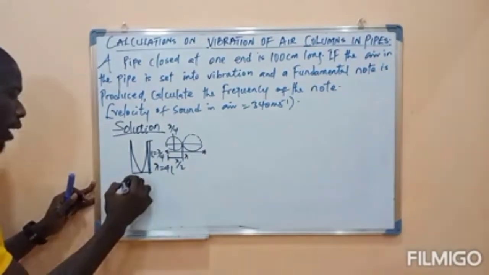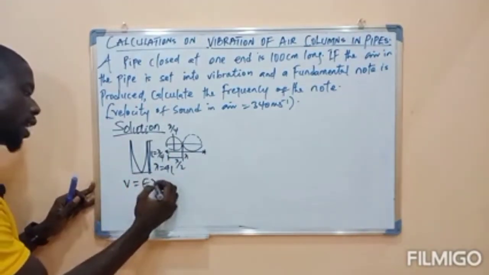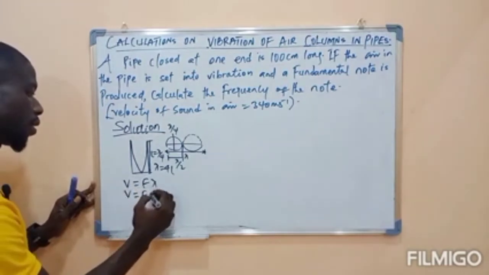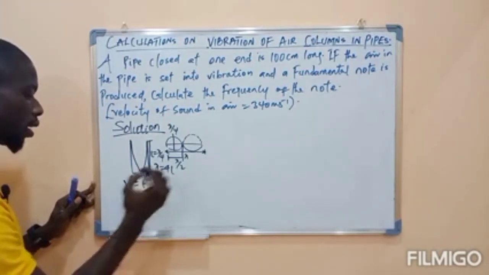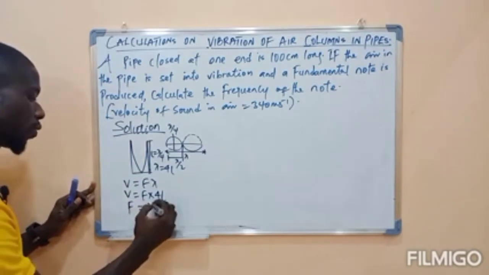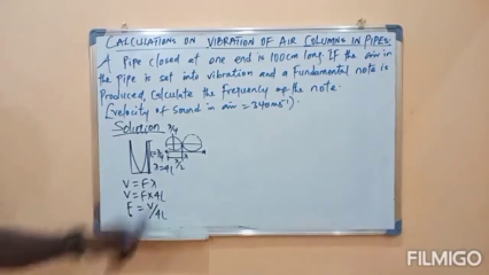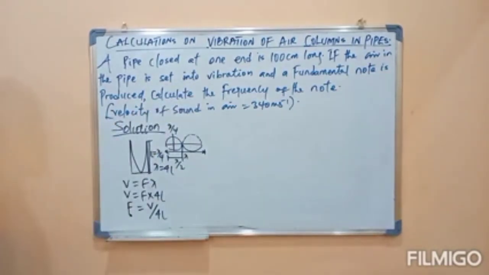Quickly remember your formula, V equals F lambda. In that case, V equals F times 4L, where F is equal to V over 4L. Here is my fundamental frequency or fundamental note.